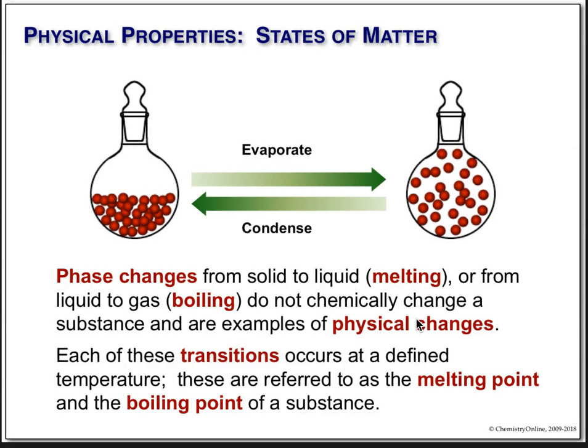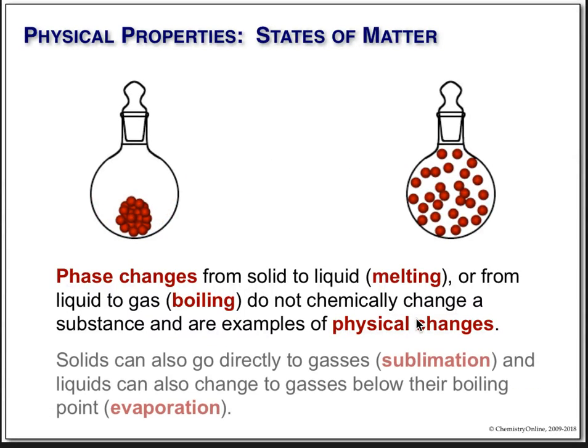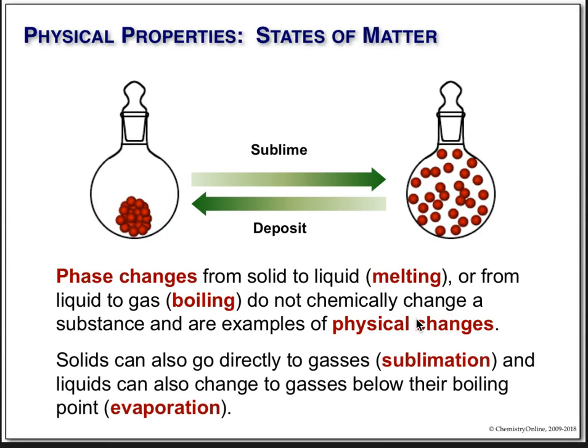We can also go from liquid to gas phase, that's the boiling point, and once again, that's unique to a substance. You can go from a solid directly to a gas called sublimation. That does not occur at a given temperature. It's a continuous process.